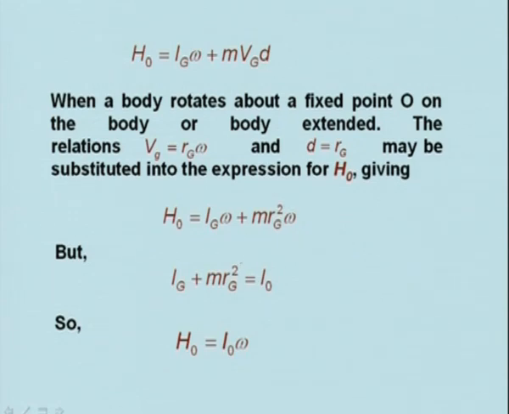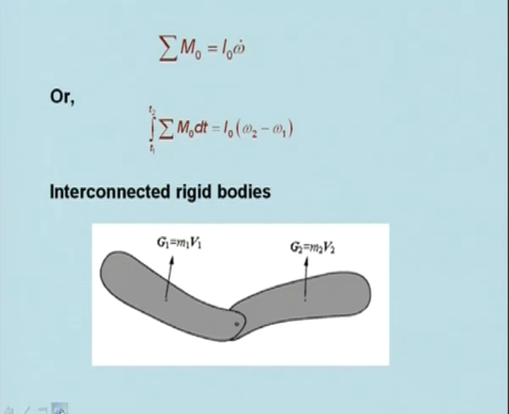But Ig plus m Rg squared is equal to Io. Therefore Ho is equal to Io omega. And we also have sigma Mo is equal to Io omega dot. So therefore the integral from T1 to T2 of sigma Mo dt is equal to Io (omega2 minus omega1).